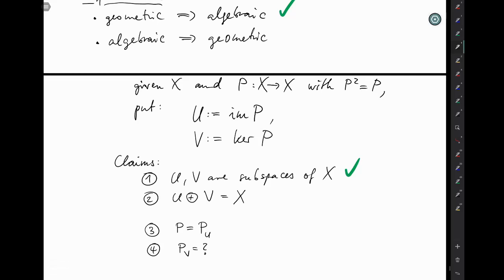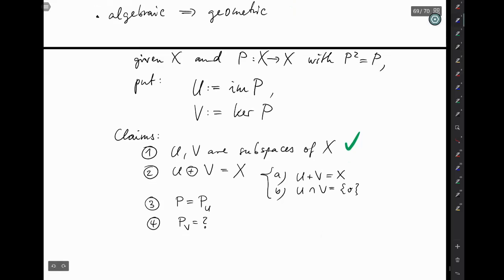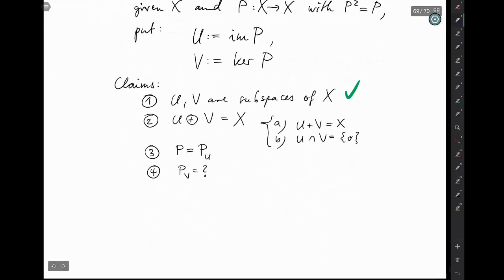Okay, and in order to make property 2 a bit easier to prove, we should split it into 2a, which says U and V together give you X as a sum. And then statement 2b, it's a direct sum, which we know how to check. We just check the intersection, whether or not that's just the zero vector. Okay, one claim down, 3 still to go.